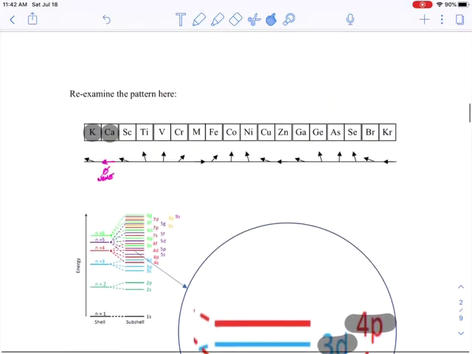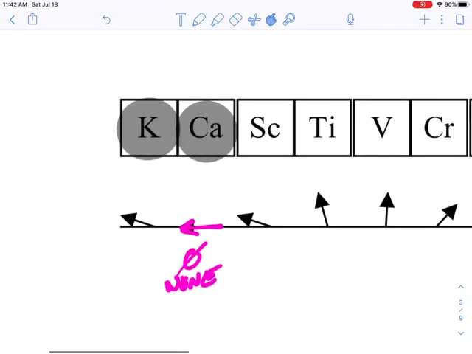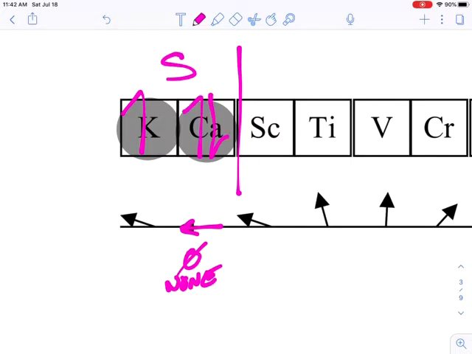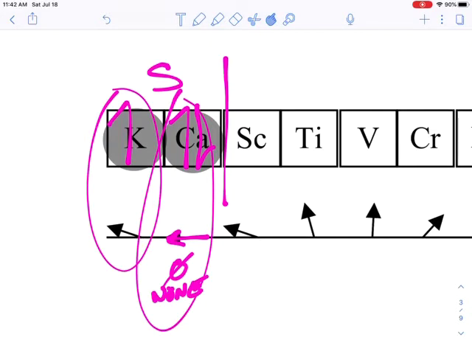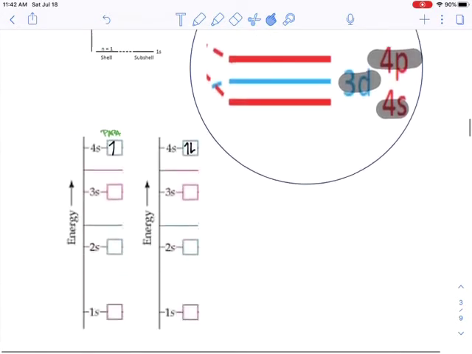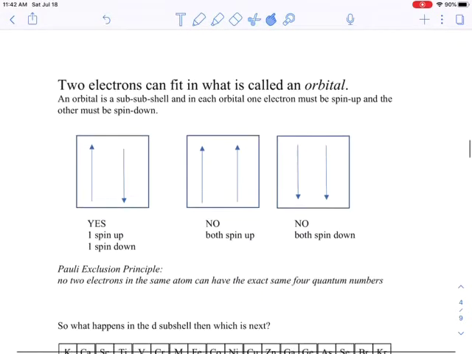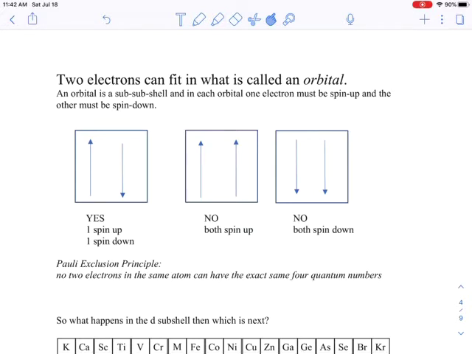So that would make sense in the S subshell that is here. For potassium you're going to put one up, and then for calcium you're going to put one up and then one down, which is why you get a little bit of response here and then no response here. So that then leads us to kind of a global pattern.